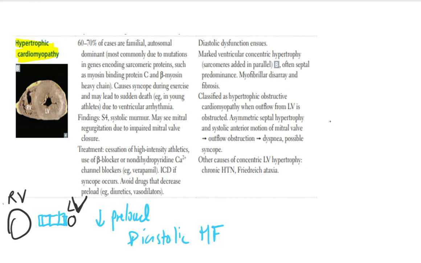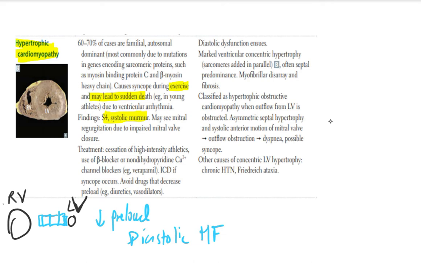A characteristic finding of hypertrophic cardiomyopathy is sudden death during exercise. Additionally, neurologic symptoms such as syncope may occur. Physical exam findings include an S4 heart sound, as well as a systolic murmur. The systolic murmur gets worse whenever you decrease preload, such as the Valsalva maneuver, or you increase afterload, such as when you have the patient clench their fist.